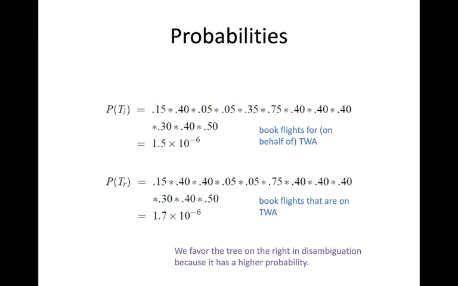For book flights that are on TWA, you get 1.7 times 10 to the negative 6. So we prefer which parse? This parse. We prefer the tree on the right because it has a higher probability.